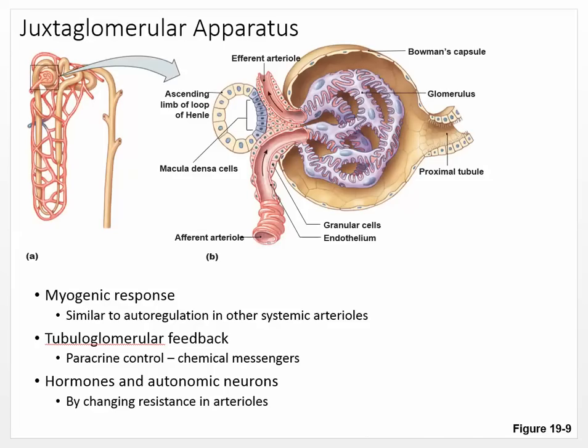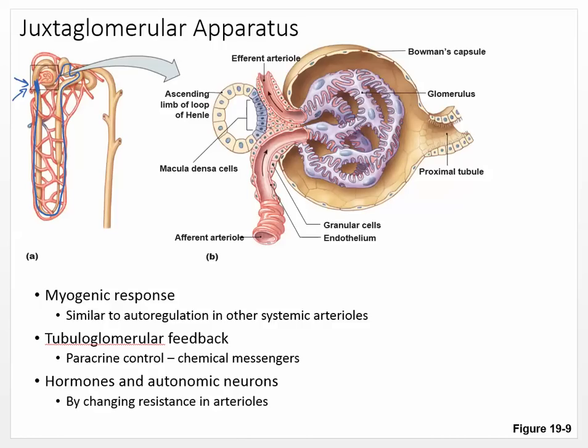So let's talk about how that happens. The way that the nephron is made is you have this proximal tubule, descending loop of Henle, and then it goes up here just where it starts to become the distal tubule. So right here in this area, it actually goes right past the afferent and the efferent arteriole.